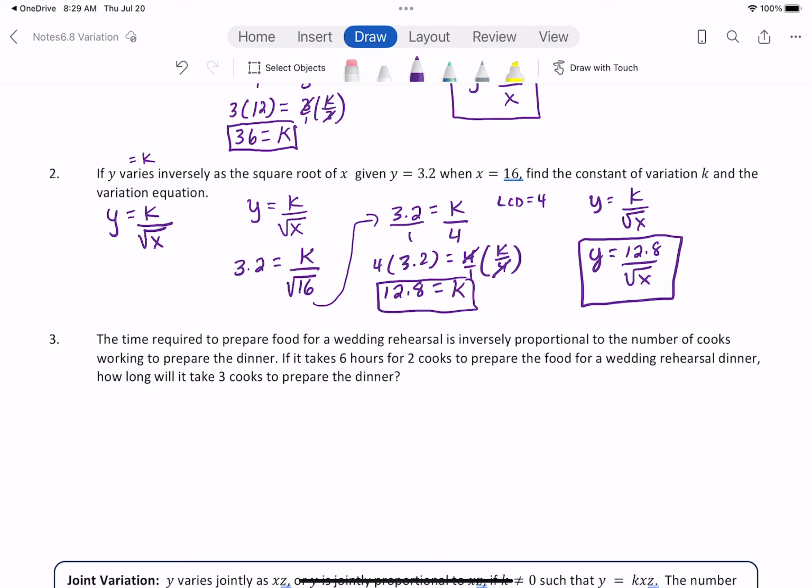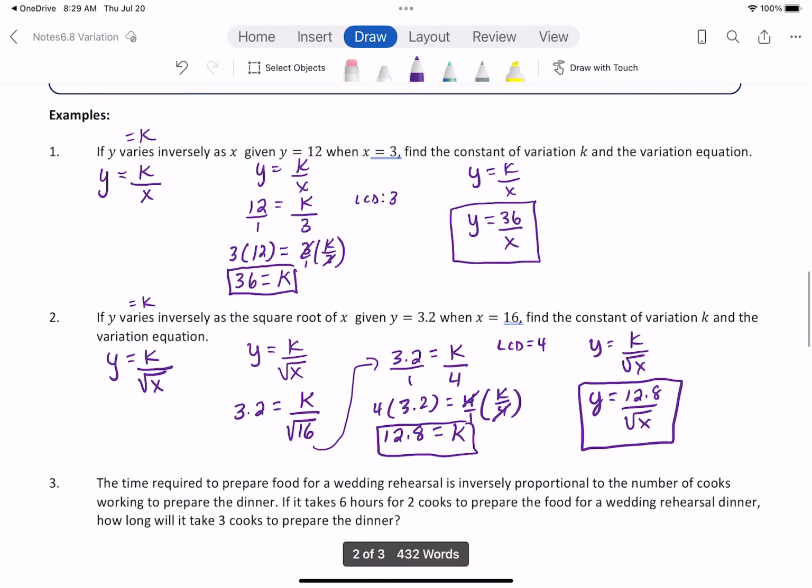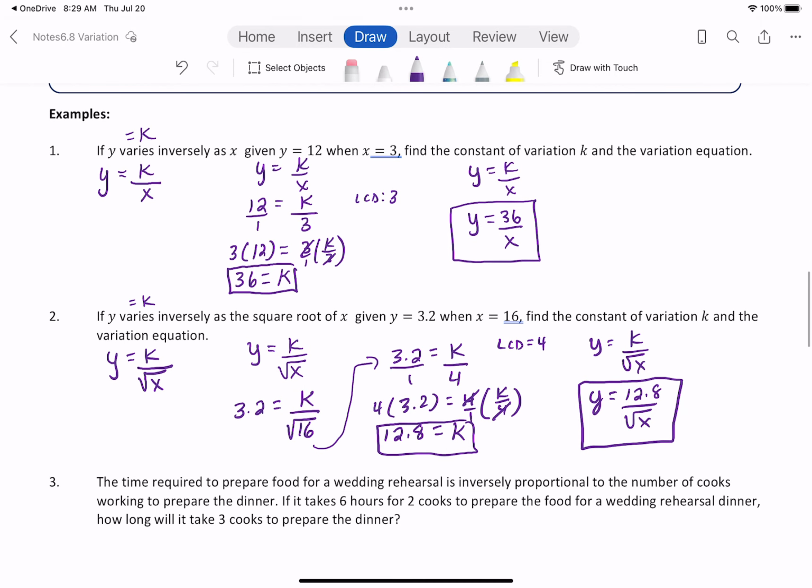I'm not sure if I explained that for the direct variation or not, but these first couple of problems that we did, what we're doing with those is just finding a general variation equation.